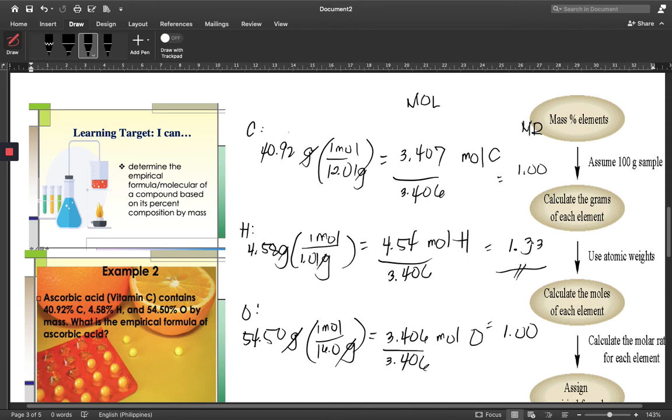Remember that 0.33 is just one third of something. So if we multiply it by 3, then we get the nearest whole number that we can. So we will multiply all the mole ratios with 3.